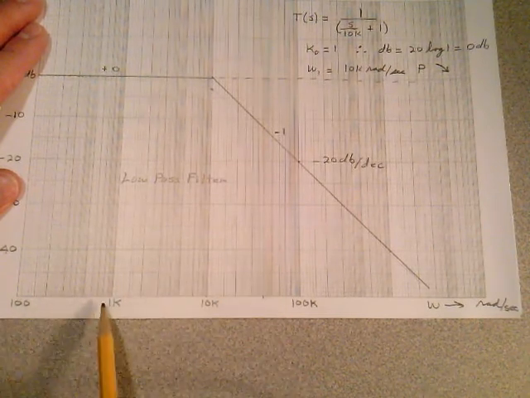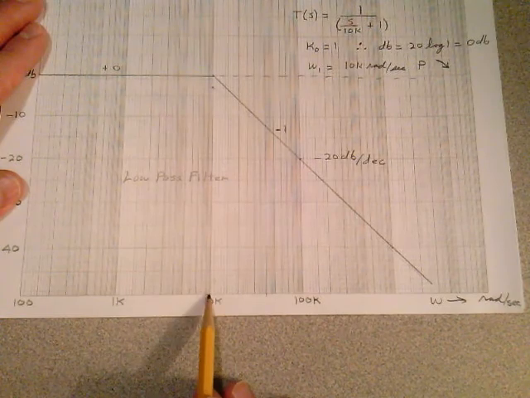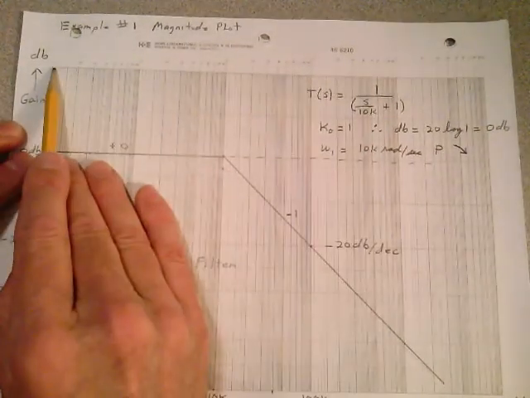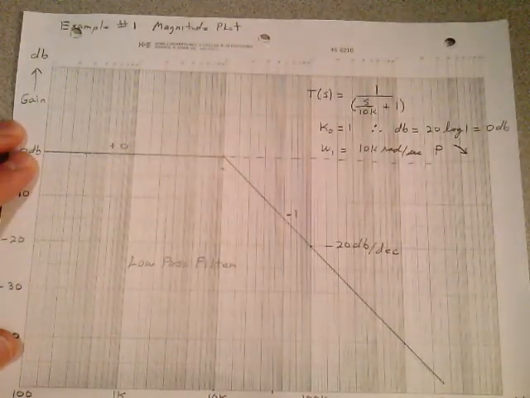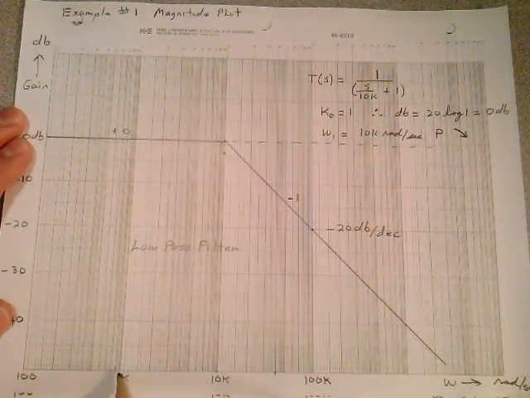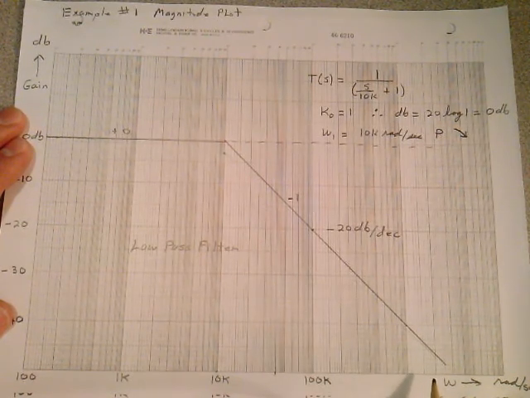My first break frequency, I usually move in two divisions from the top up here. 1, 2, and I label that my 10K unity point, if you will. And then I go down one scale, I get 1K, and I go down and I go 100. And I go up and I get 100K. And I go up and I could get, if I want to, 1 meg, but we're not worried about that up in this area here, so I didn't label it.